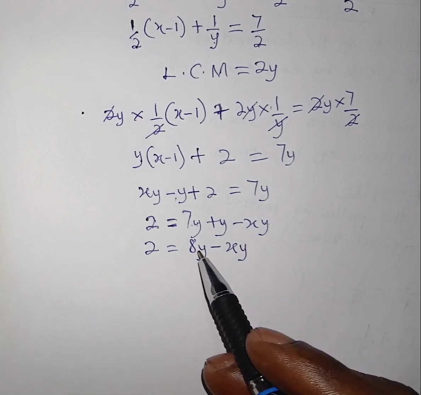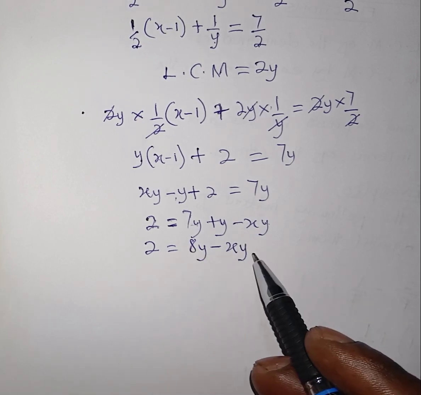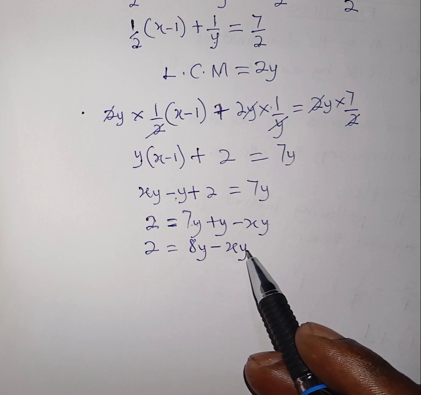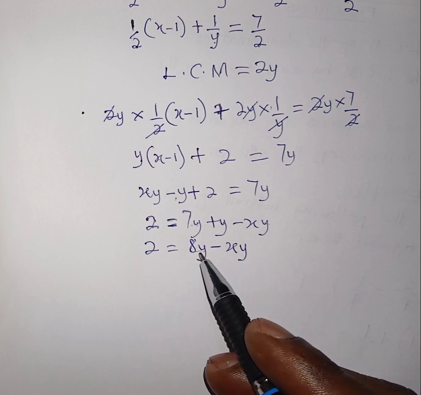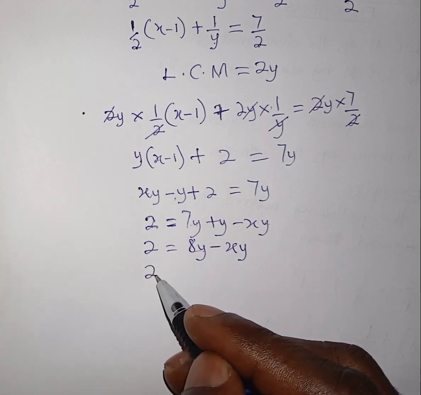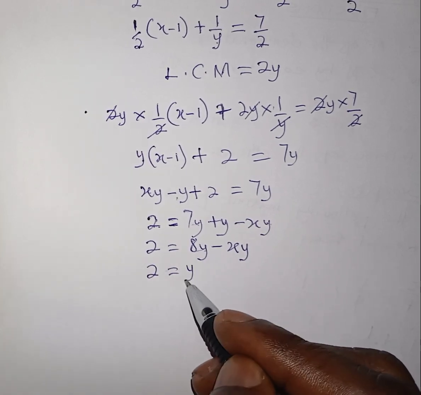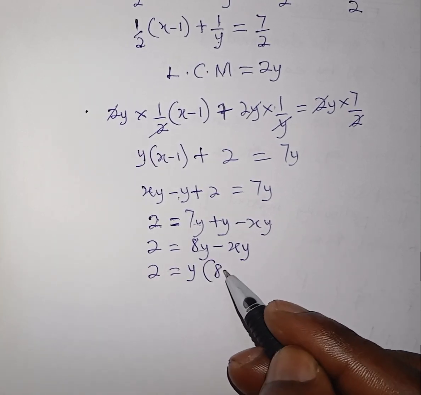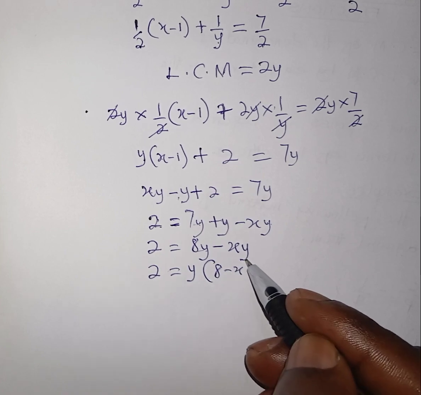Good. Because we are making y the subject, what do we do? We have 2 of the y's. So what we are going to do is factor one of the y's out. So I will still keep my 2 and then y out. We have what? 8 minus x.